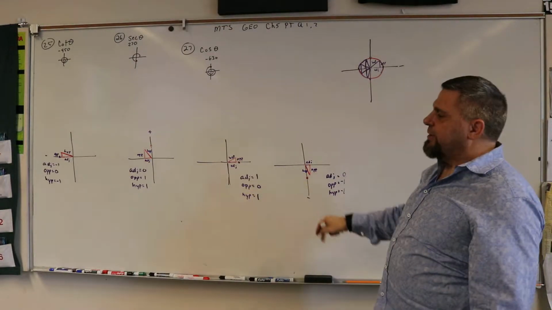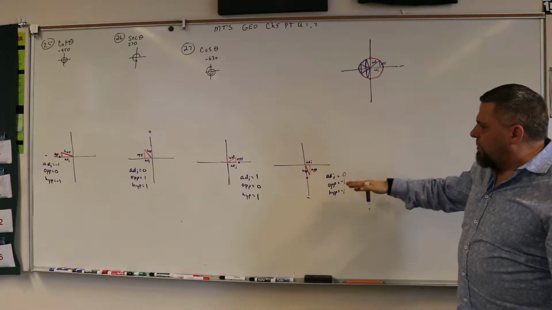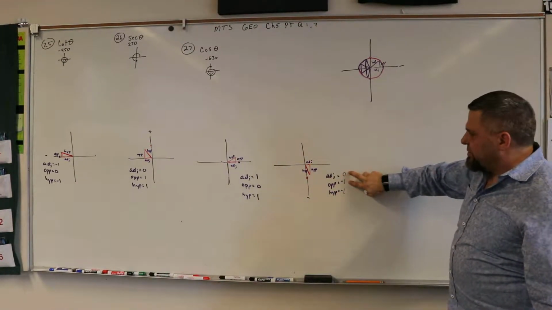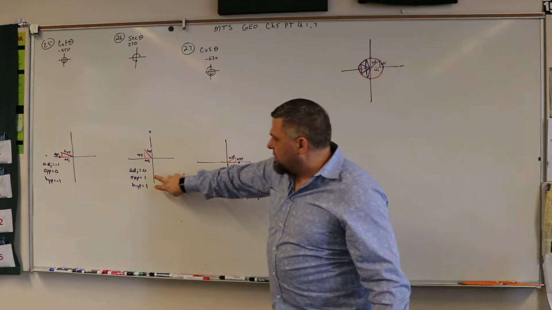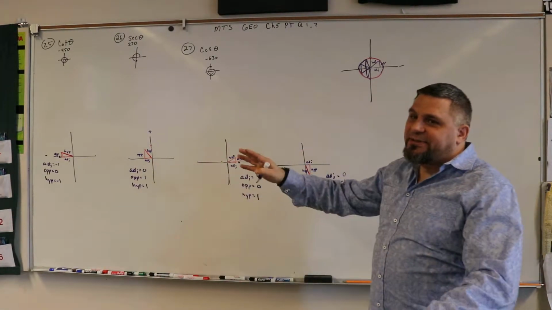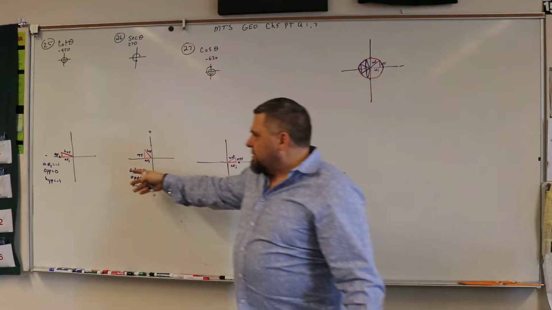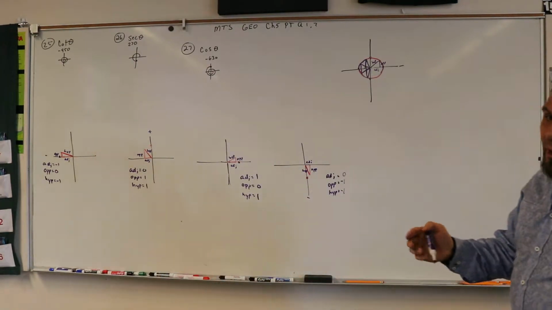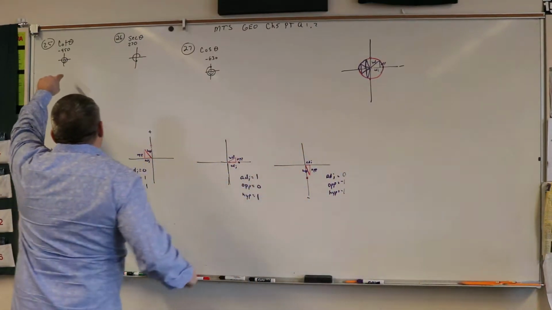So it's going to be -1. So when we're talking up or down, the opposite side is negative or positive. If we're talking right to left, the adjacent is positive or negative. And that makes it really easy for us to do these problems.